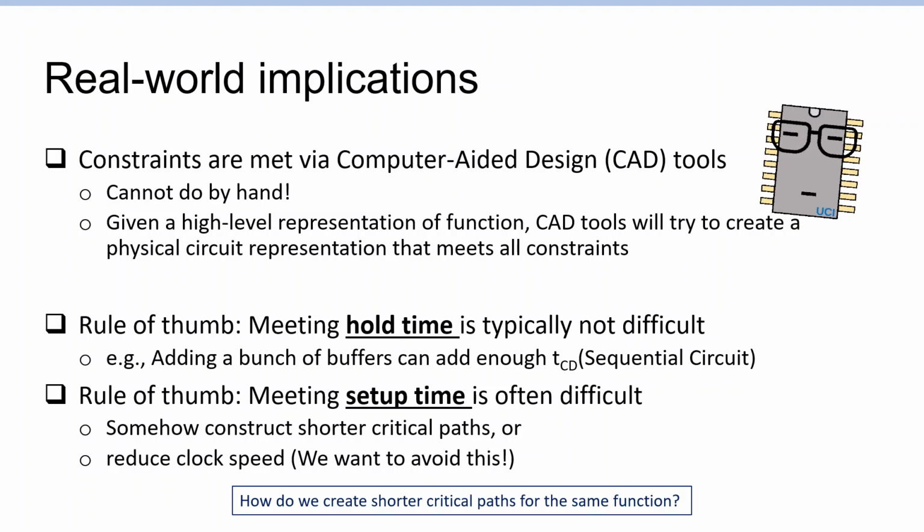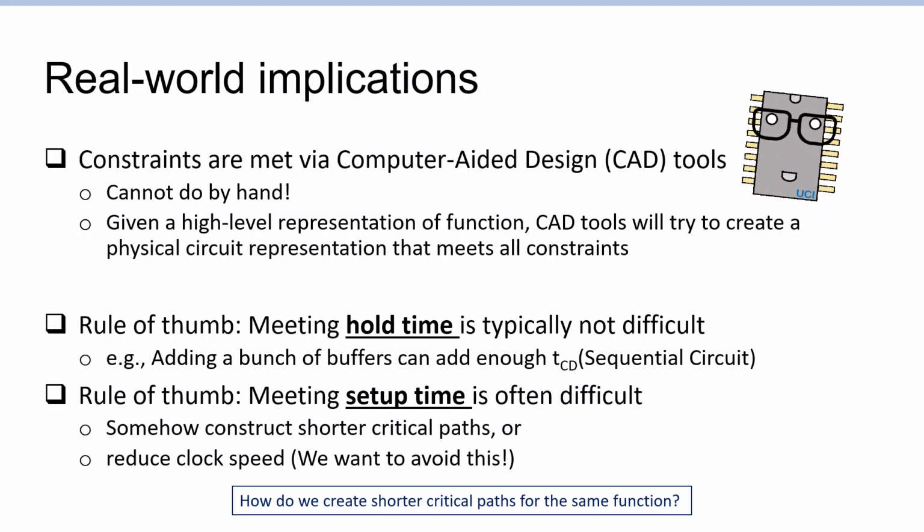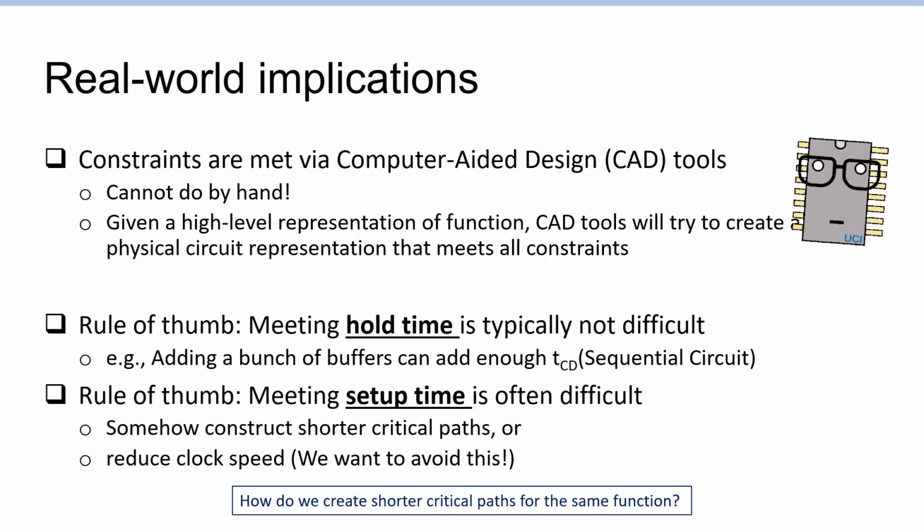Every single pipeline register, every single register file register, every single counter, every single queue, everything needs to be verified and sometimes massaged so that these two constraints are met. And the space is so large in the modern age that I don't think this is feasible to be done by hand. So CAD tools will do it.